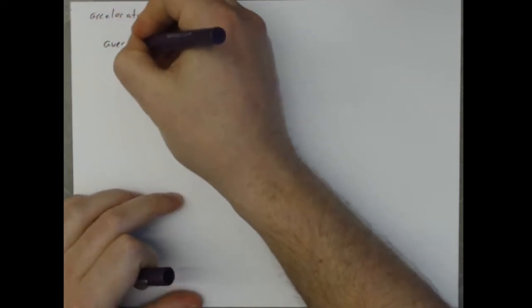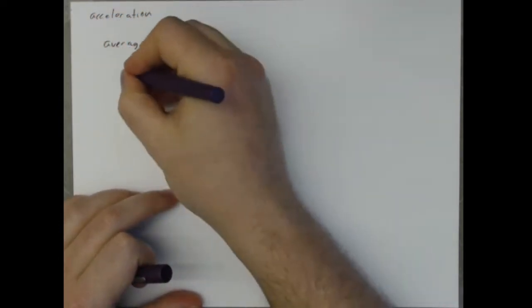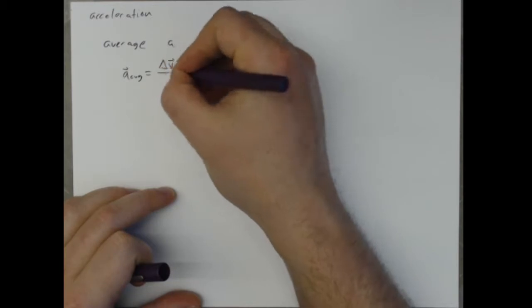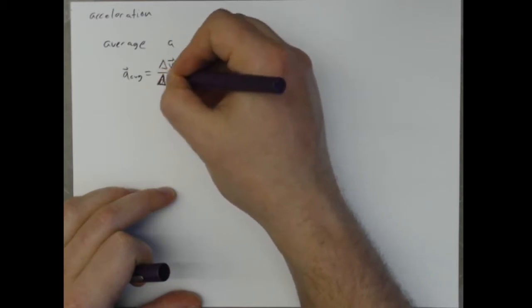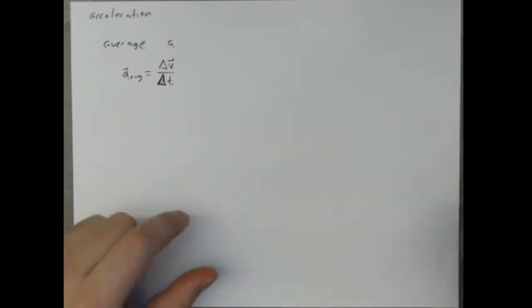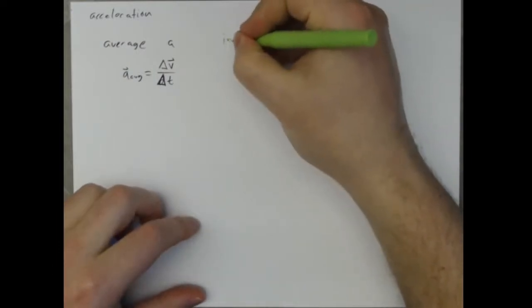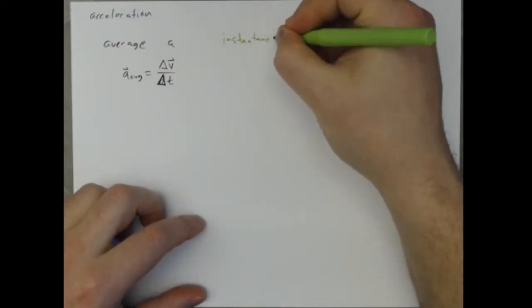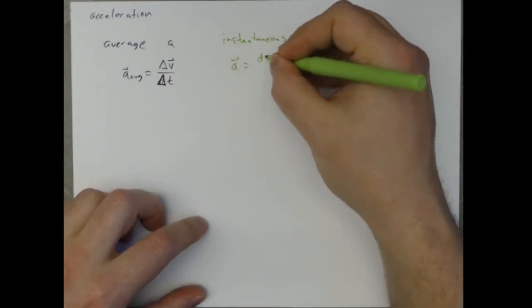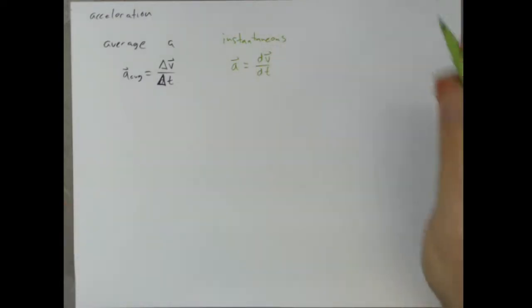The last little bit is acceleration. Again we can talk about the average acceleration, where the average acceleration vector is delta v over delta t. And then similarly, as we were talking before, the instantaneous acceleration vector is the derivative of the velocity vector with respect to time.